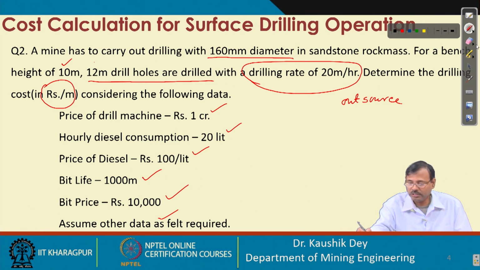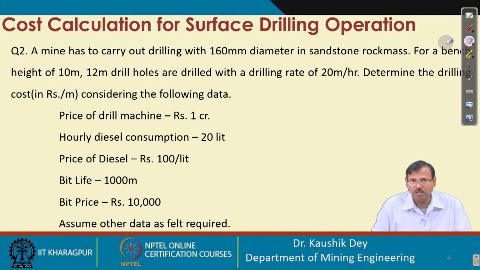Considering this, we have to find out what could be the possible drilling cost for this type of situation. Actually, the solution is there in the slide, but I would like to carry out this solution on a white page here, and after that I will show the solution in the slide itself.